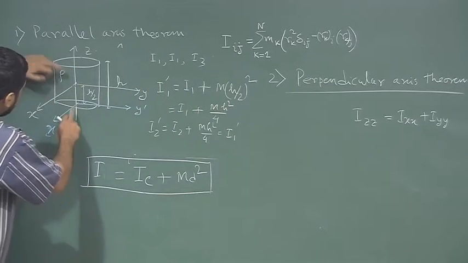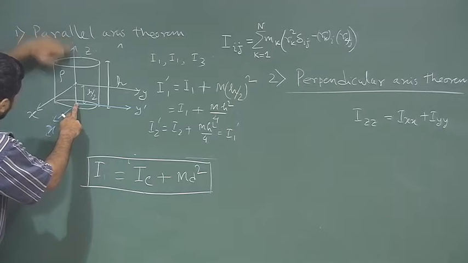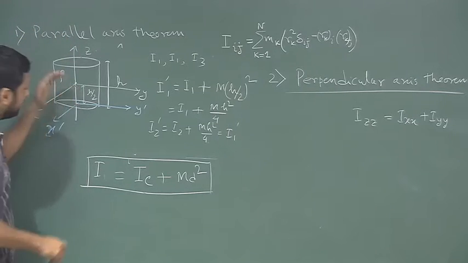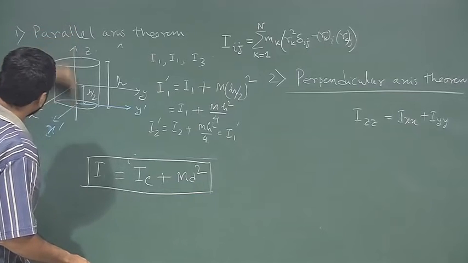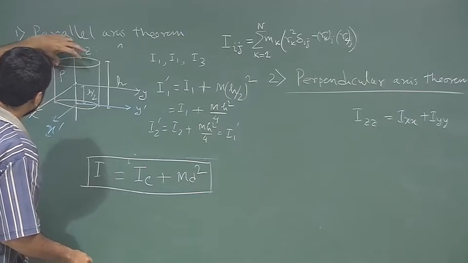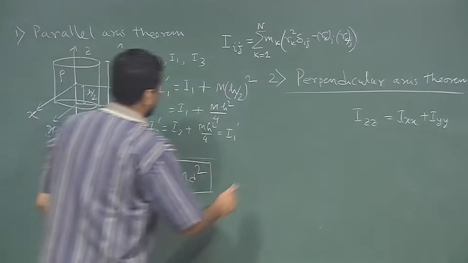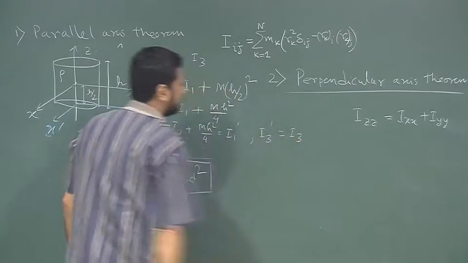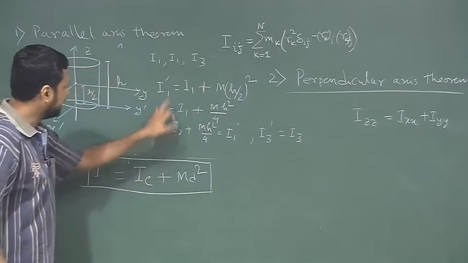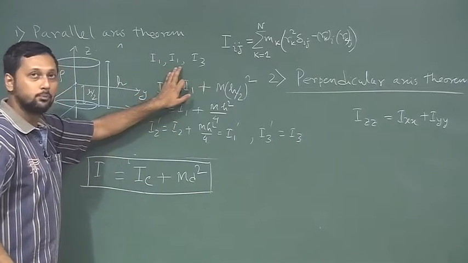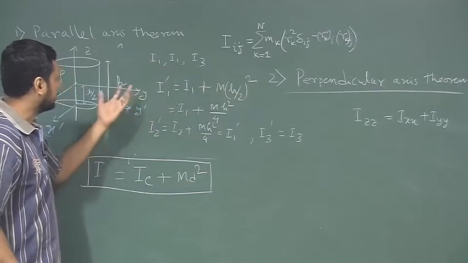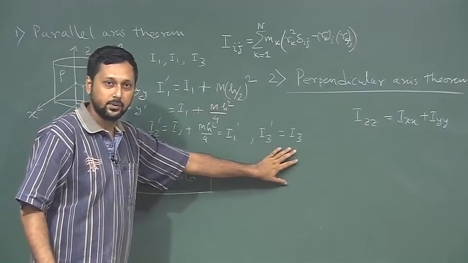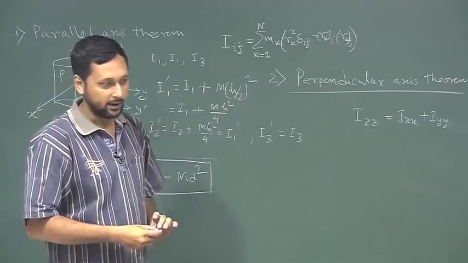See, the shifting is along z, so we have kept ourselves on the same z axis, z has not shifted. So, I3 prime will be equal to I3. So, we have shifts in the first two components, the x and y components, while the z component remains unaltered. So, this is a result we might use later on.